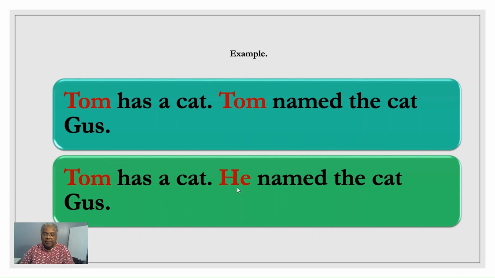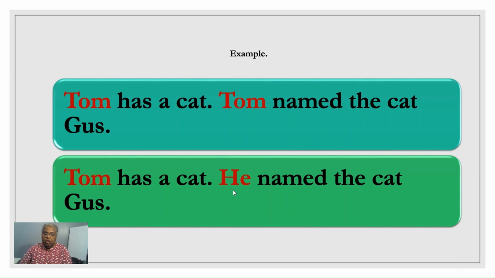Now, the second sentence is giving the information clearly. Also, by replacing Tom's name with the subject pronoun, the information about Tom appears more interesting, so that the reader may want to read more information about him.